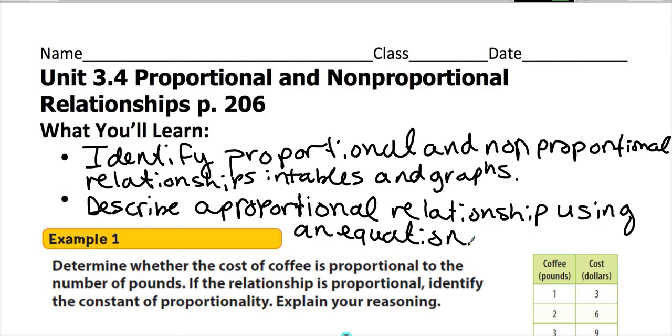Sorry, that looks really bad. That should be an O there. There we go. Okay, and go ahead and put your name at the top and your class hour and today's date. And let's get started.